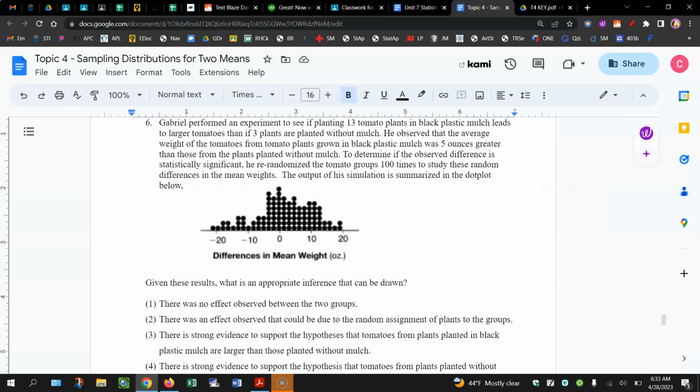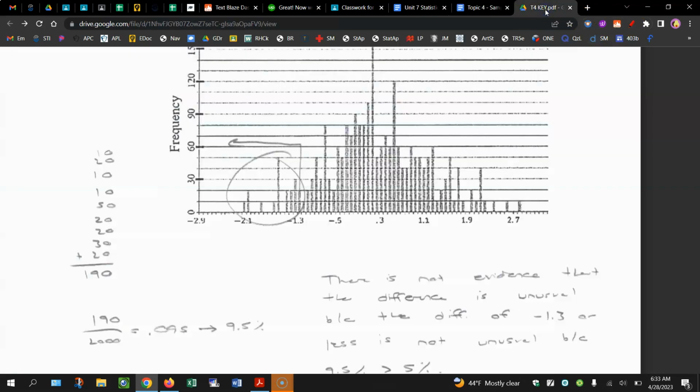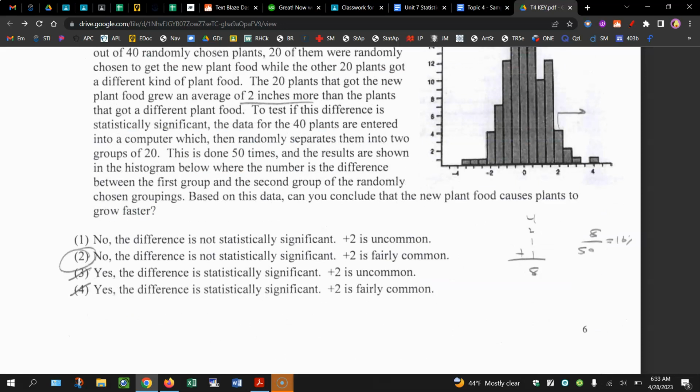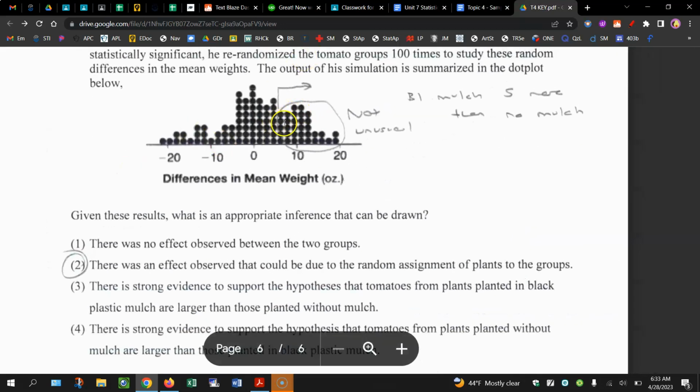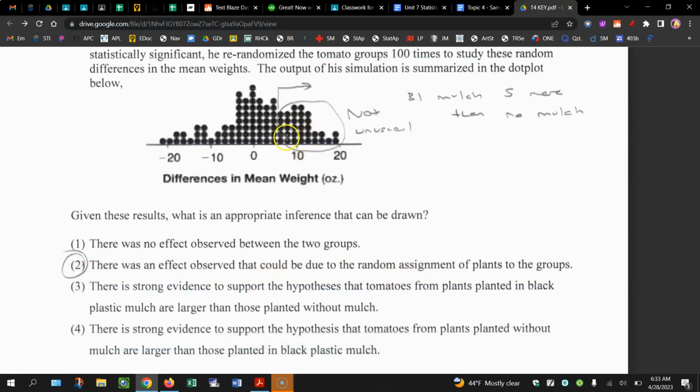Okay, so if we take a look at the answer choices, there was no observed effect. Oops, let's skip ahead. Okay, there was an observed effect. It was 5 ounces greater, but the effect could have been just due to the chance of the random assignment. So we don't have enough evidence to say, yep, the black mulch caused the plants to be greater in weight than not.